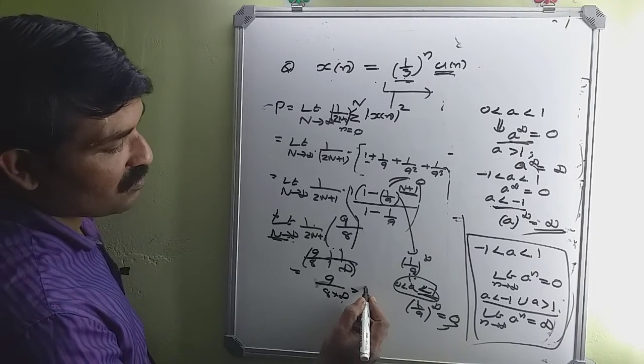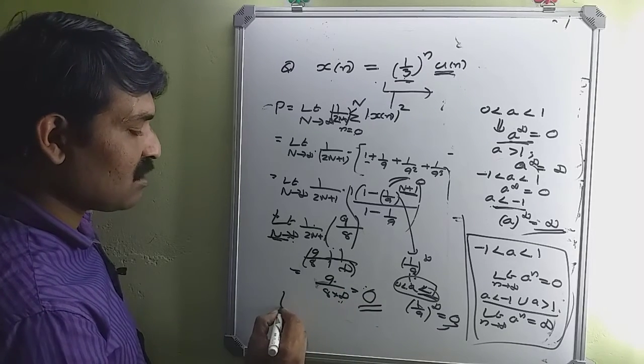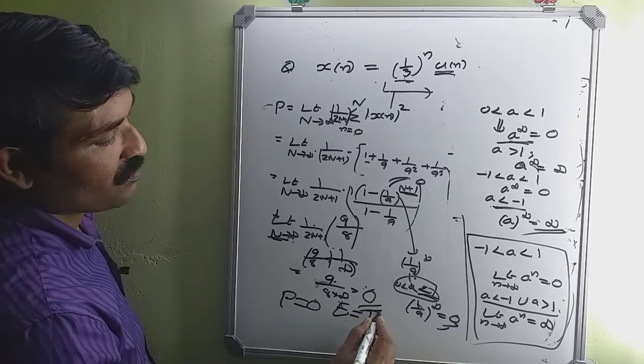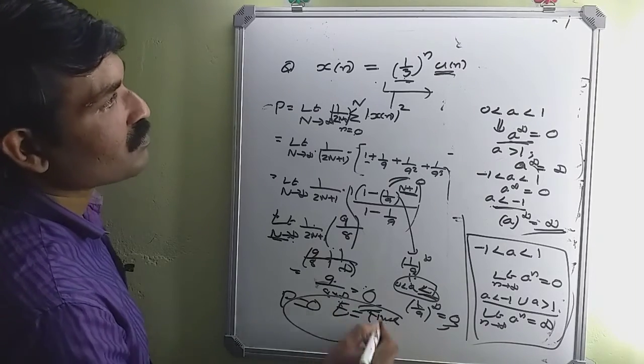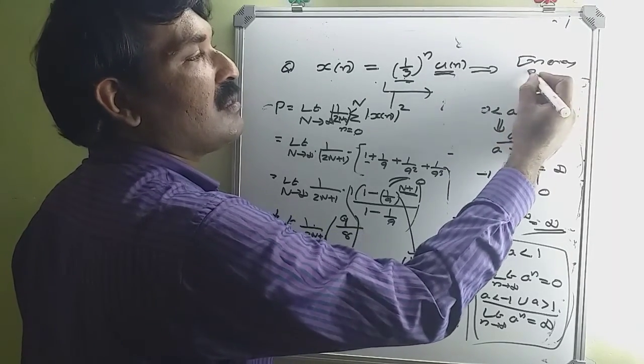Any real number divided by infinity becomes 0. That means power is equal to 0 and energy is finite. So this is an energy signal.